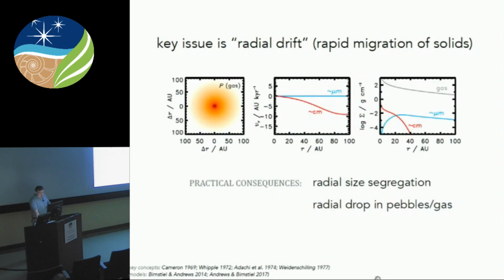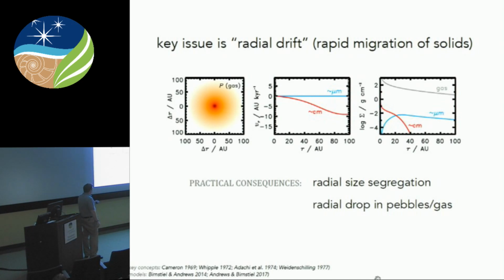Okay, so I just want to highlight again what you probably have seen in these plots. There are a couple of key practical consequences of this solid migration that we're going to look for observationally. One is that you have size segregation as a function of radius in the disk. The larger particles drift faster, and they'll be preferentially more concentrated towards the central star. And as you look further out, you should see, in a relative sense, more and more small particles.